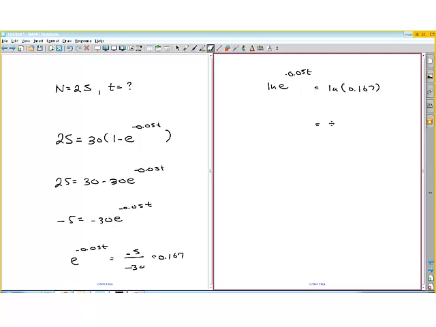Okay, natural log of 0.167 is equal to negative 1.79. So the left-hand side just becomes the exponent. The natural log of e to something is something. Right-hand side is negative 1.79. Ta-da! So t is equal to negative 1.79 divided by negative 0.05, and we get t is equal to 36 days.